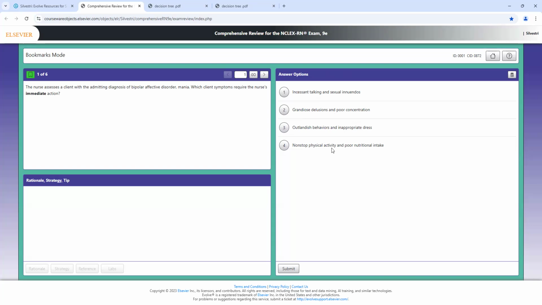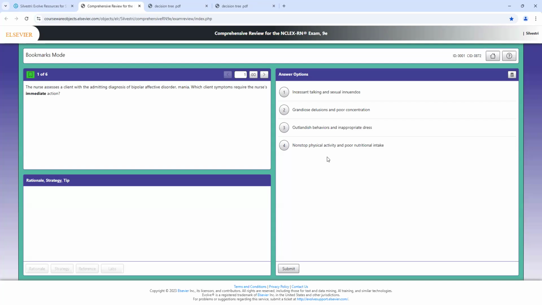That's okay. You're going to go to the next step. The next step is Maslow's. Are there any physical or psychosocial needs? So when you look at all of these answer choices, you're going to note that they're all physical symptoms of mania with a client with bipolar affective disorder. Okay, let's talk about Maslow's just a little bit further.